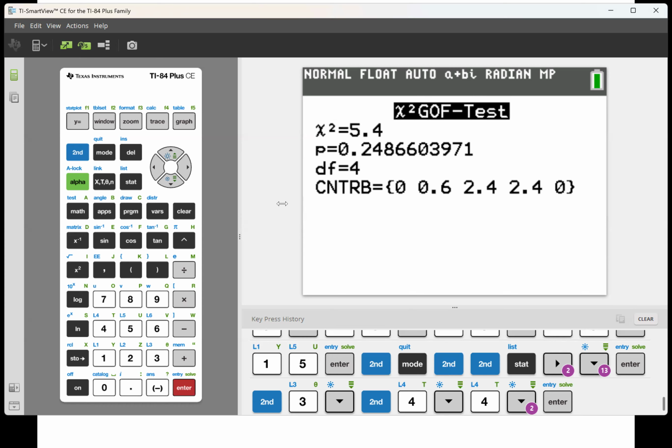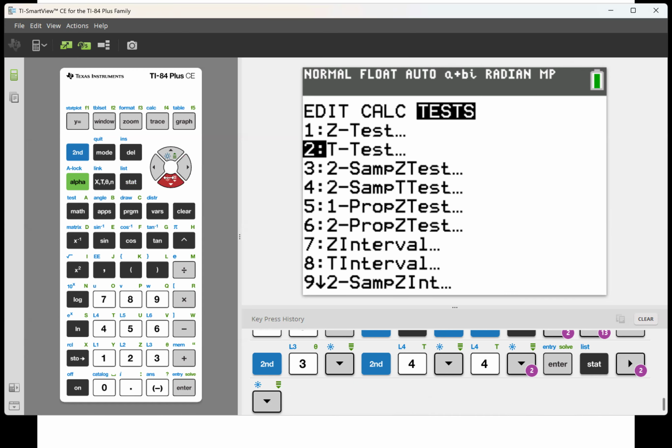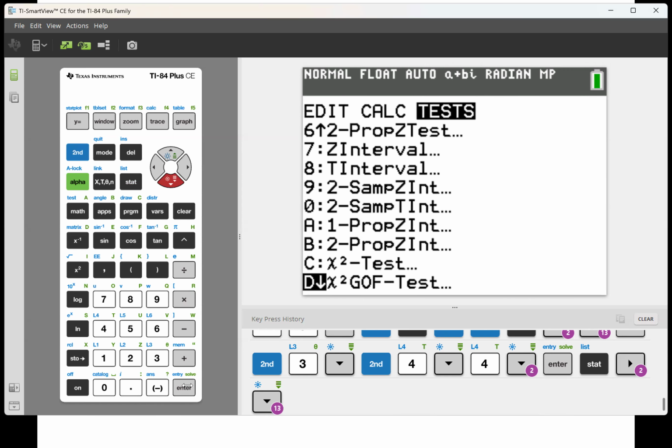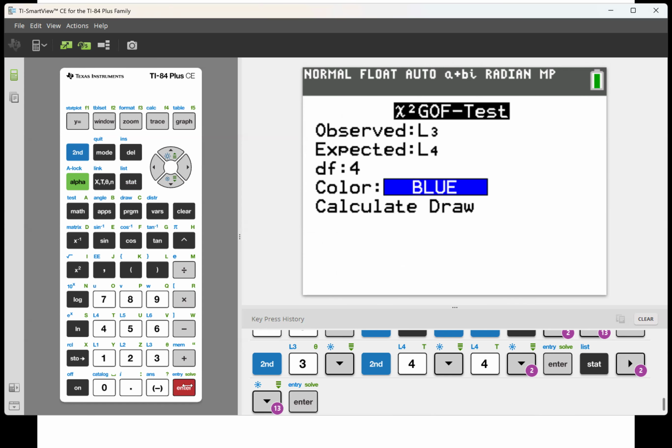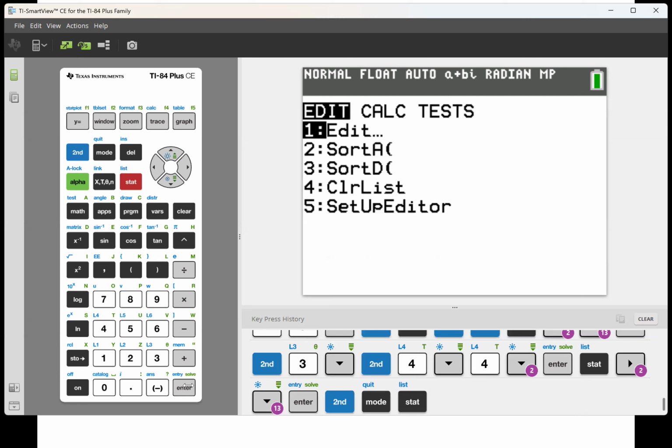What did I do wrong? Watch me do this in real time. I either put my data in wrong or I ran the test wrong. So let's find out.